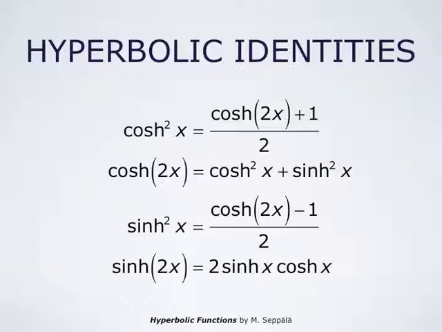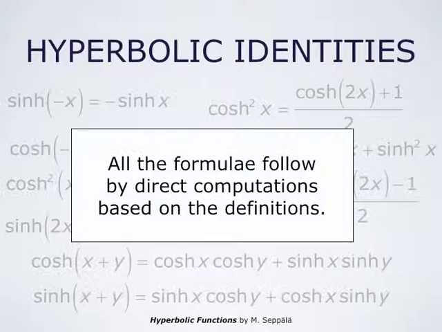These hyperbolic identities are very similar to the trigonometric identities, and all these formulas follow by direct computations based on the definitions. Simply insert the definitions of the hyperbolic functions in this formula, expand the brackets and simplify. One gets these formulas by straightforward computations.